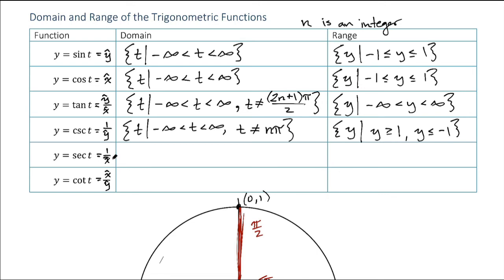All right, for our secant, we are dividing by the x-coordinate. So the only restriction is actually going to be the same as the restriction for tangent. We cannot divide by 0, so we will use the same reasoning. It will have the same domain as the tangent. The set of all t from -infinity to infinity, such that t is not an odd valued pi over 2.